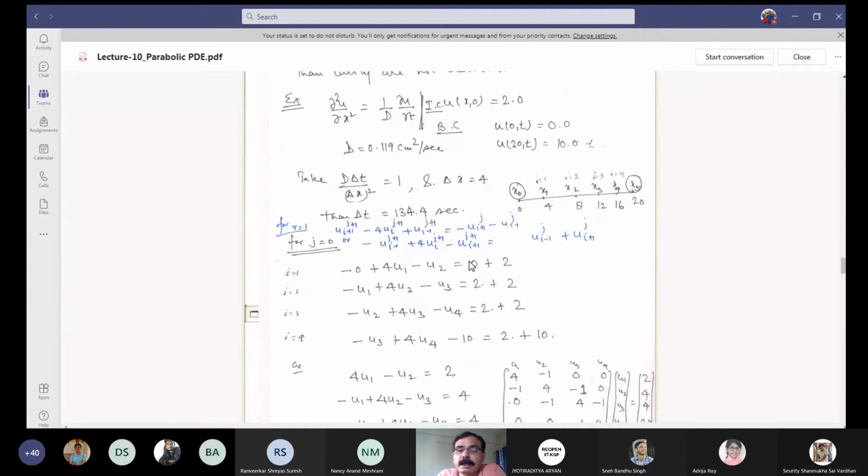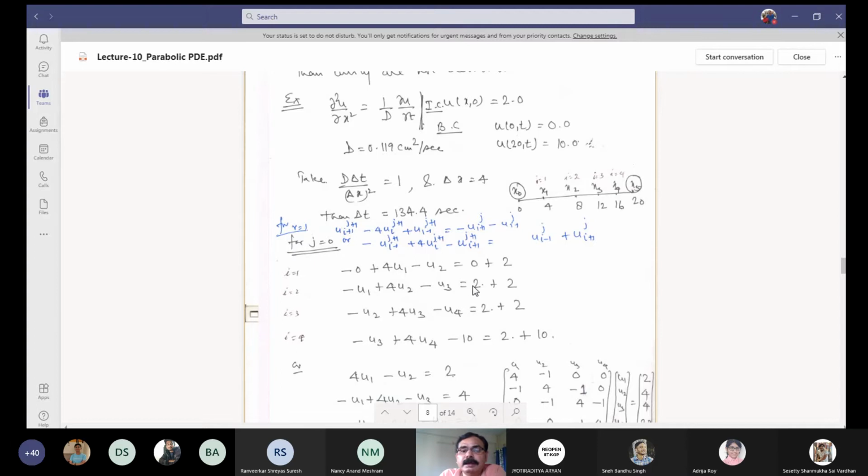The next one is U1 0, means delta t is 0, initial condition. Initial condition for every x is 2. It does not depend on x, whatever is given. Means here it will be 2. Is that right? Okay.